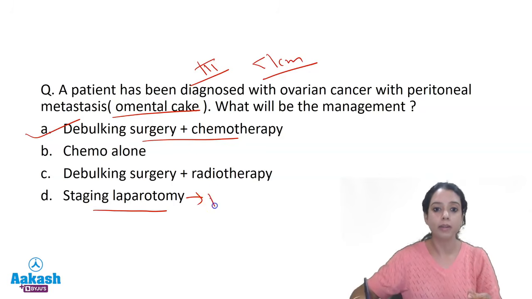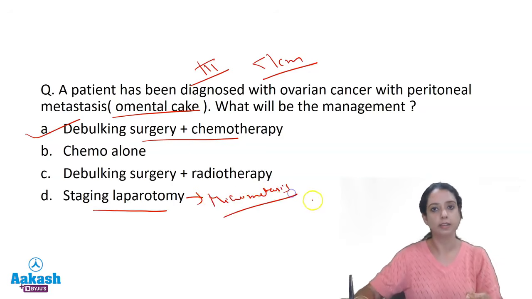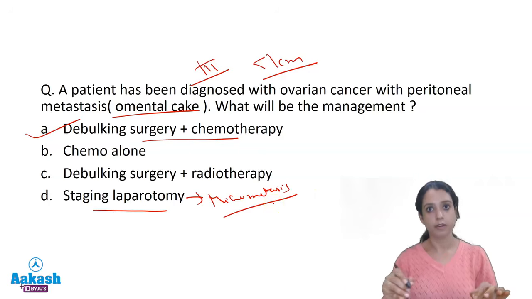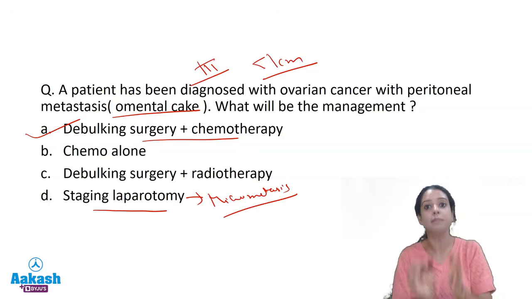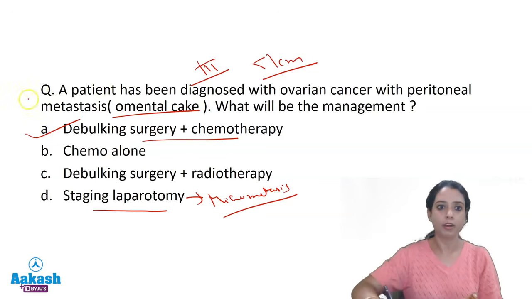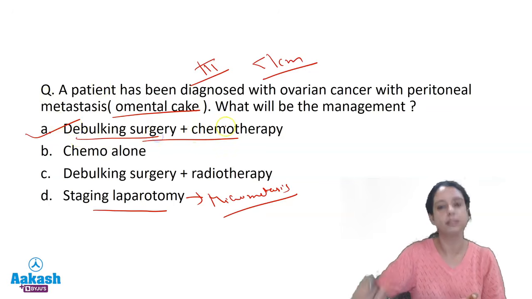When there is micrometastasis, when you cannot see any metastasis on any investigation, you know that an ovarian tumor is there, then you do staging laparotomy to see where all it has spread. But if you have seen that metastasis is there, it is clinically palpable or seen on investigation, your stage is decided, then your answer is debulking surgery and chemo.